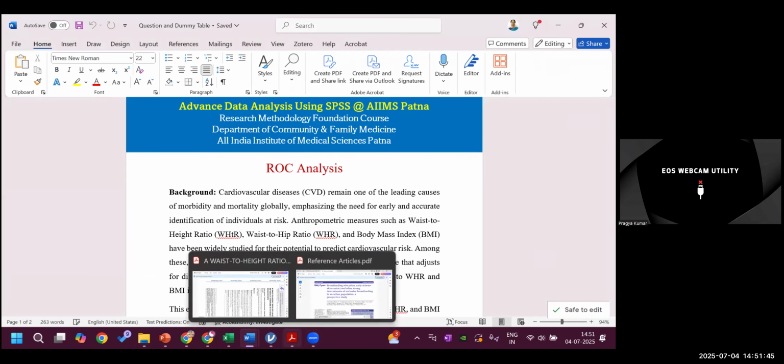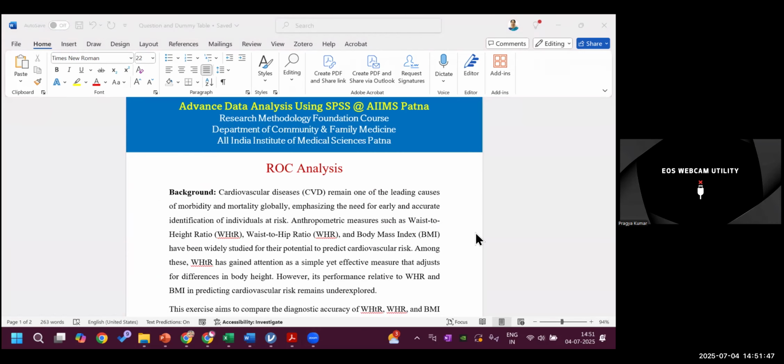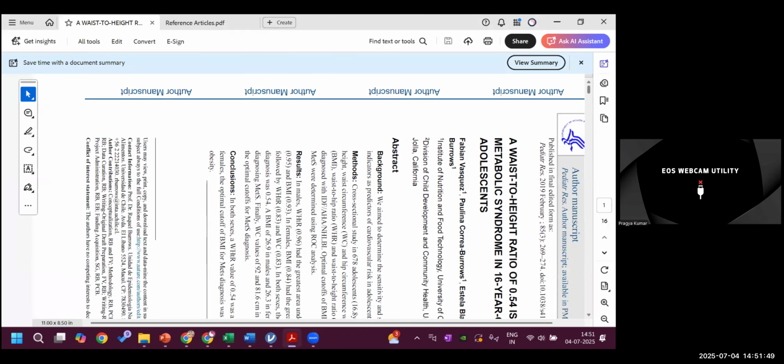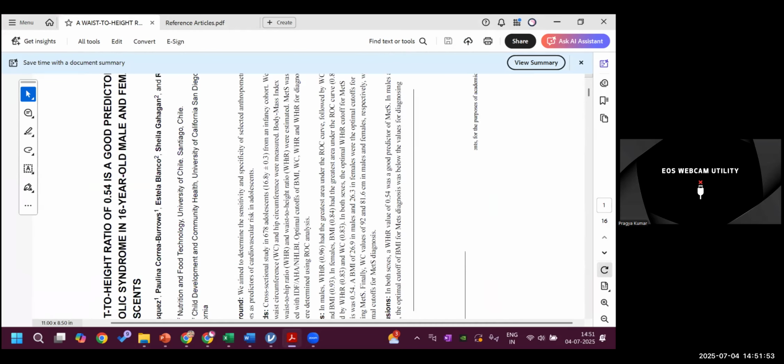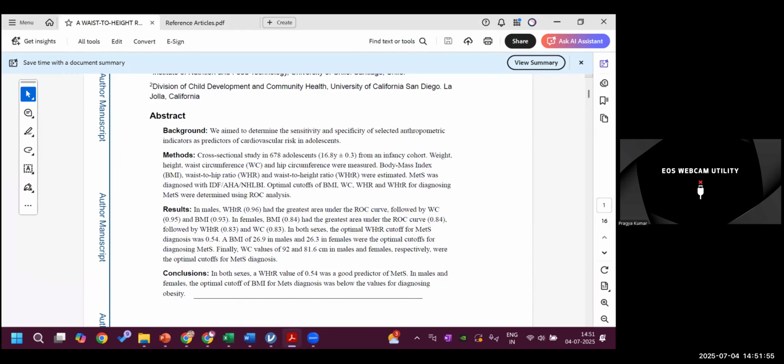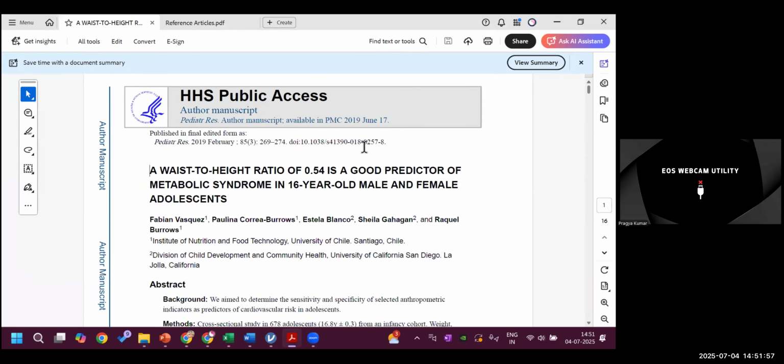So I'll show the data. Sorry, the paper. So this is the base paper which we have used.